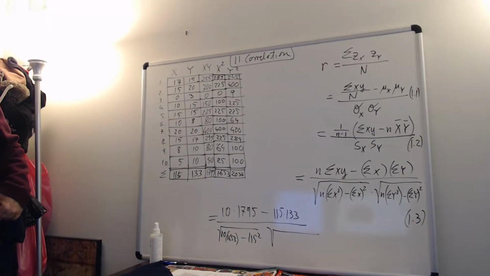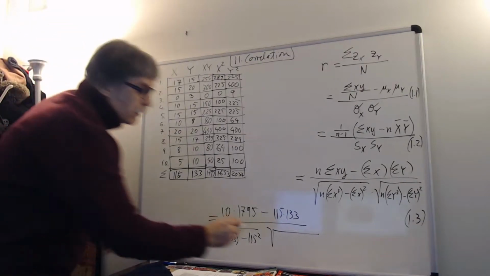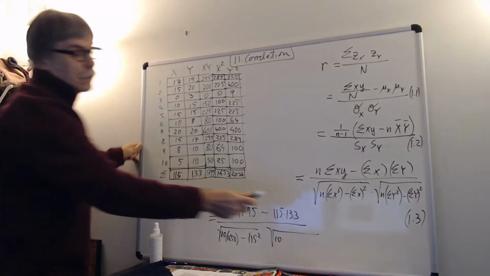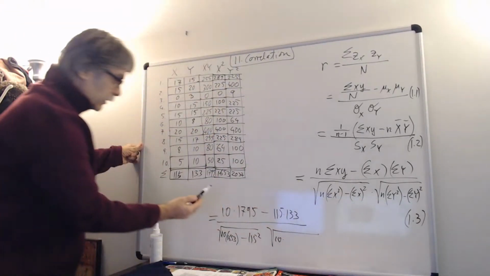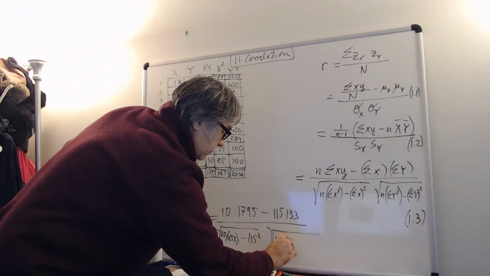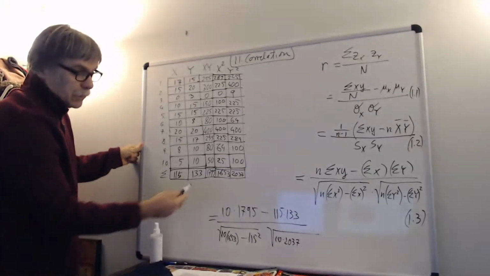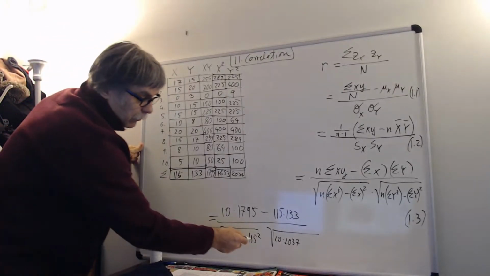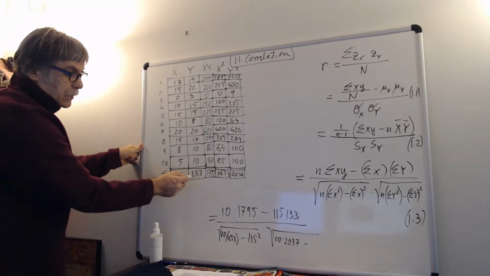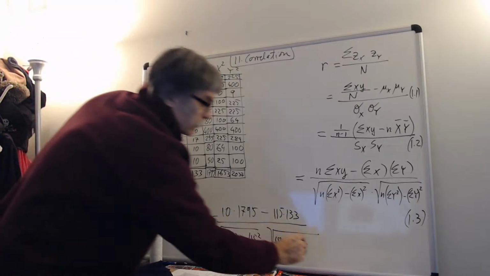That's the first radical. The second radical is the same story, only for y. So you have 10 times the sum of the y squares, which is 2037, minus the square of the sum of the y's.